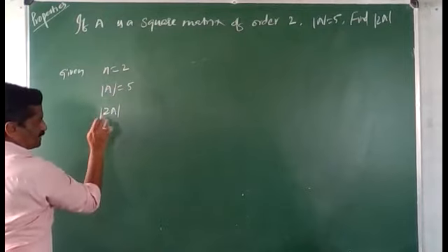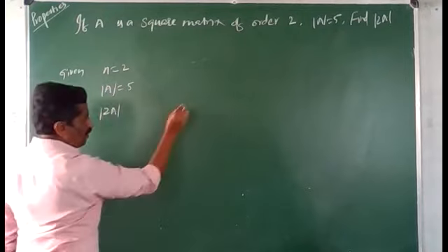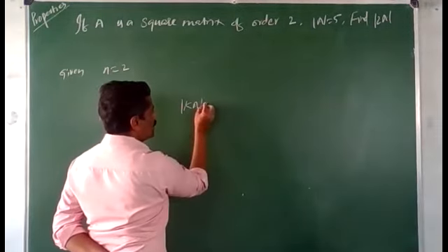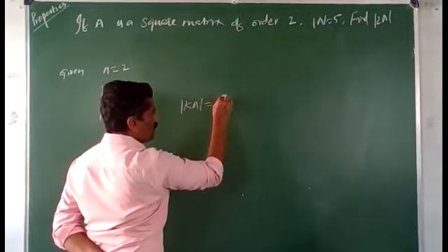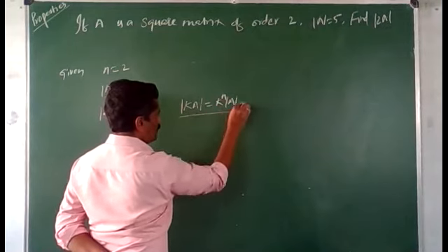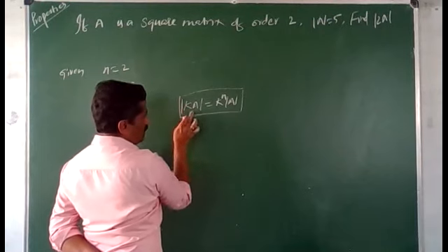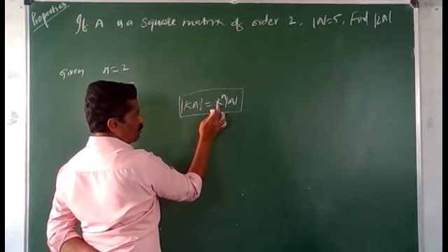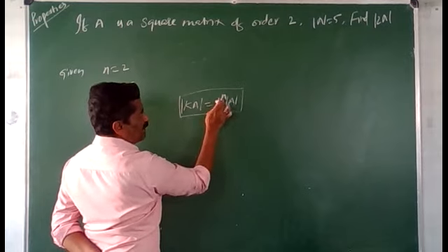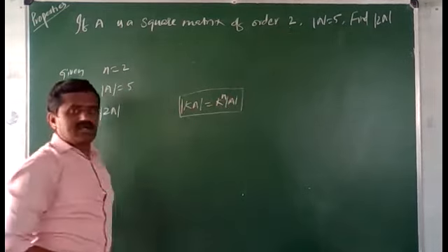Again, it is in the form of determinant of KA. We know the formula: determinant of KA can be written as K to the power of N into determinant of A, where N is the order of the given matrix.